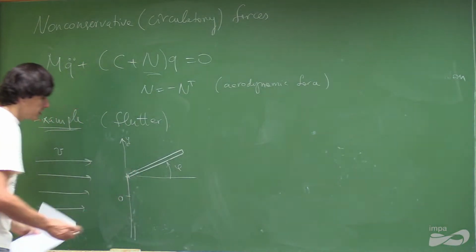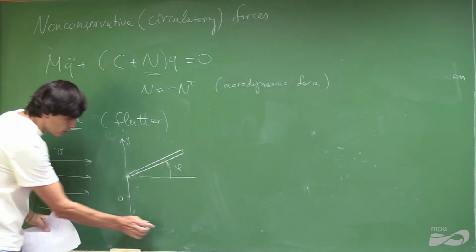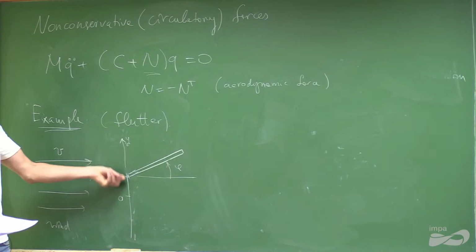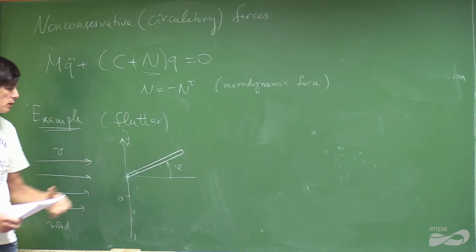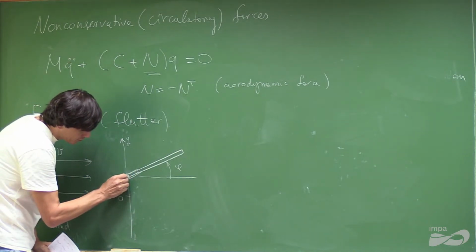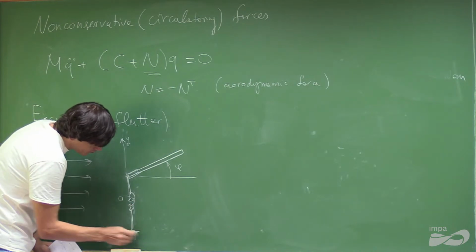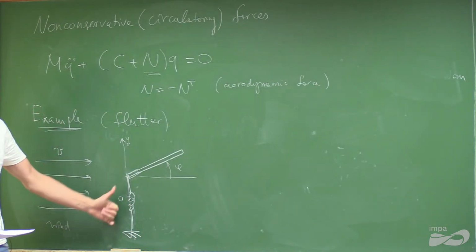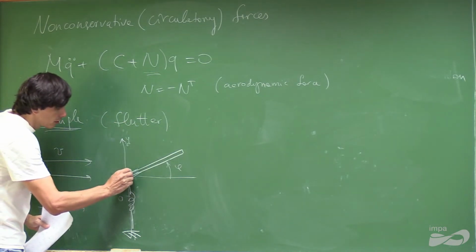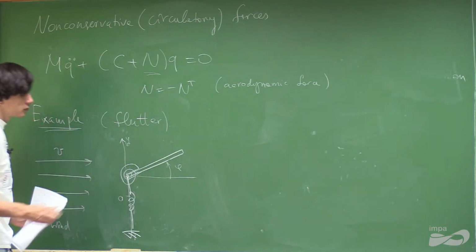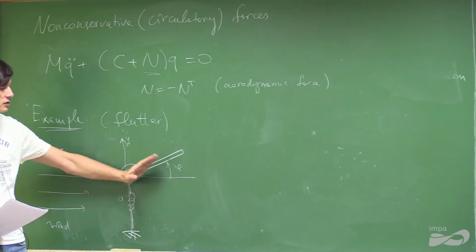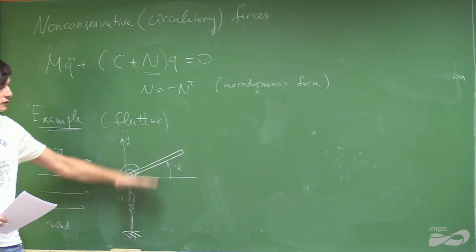As I said, it's supported. So usually there is a force which is trying to put it back to the equilibrium, the elastic force, and also trying to keep it straight. So we will consider two springs. One spring is supporting the left end, and another spring tries to keep it straight. So there is a stiffness for rotation, and there is a stiffness for going up and down.